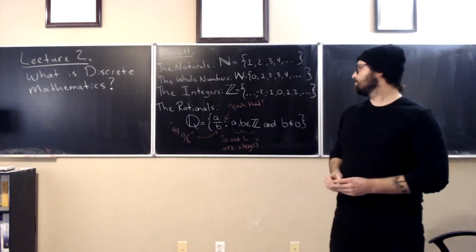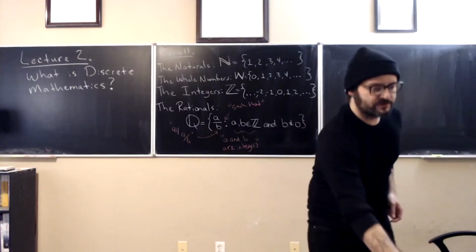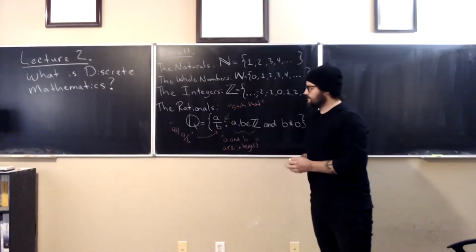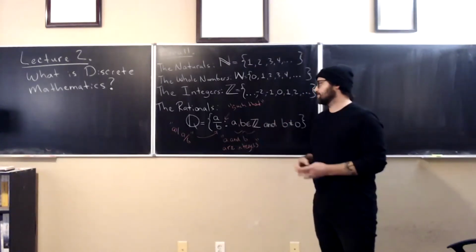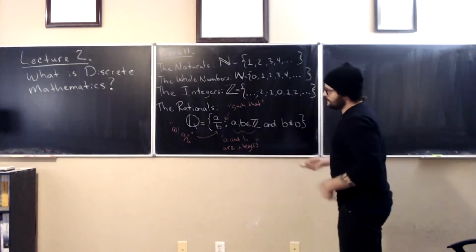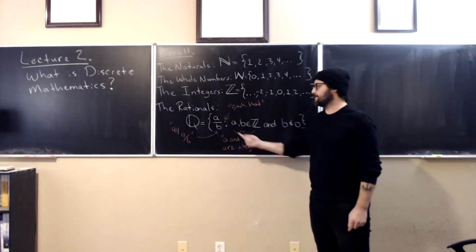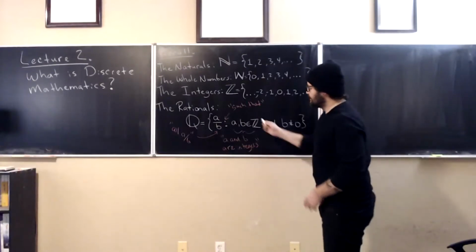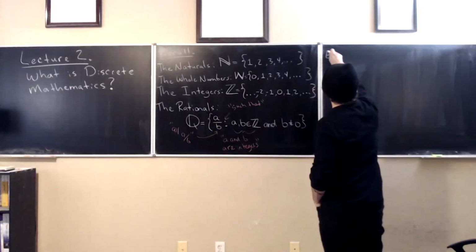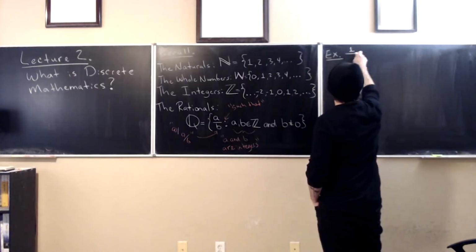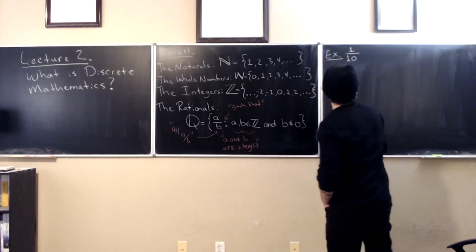Okay, so now back to the rationals. What are some examples of rationals? Well, anytime you can write a ratio of integers with a non-zero denominator, you have a rational number. Some examples of rationals would be 1/10, right?